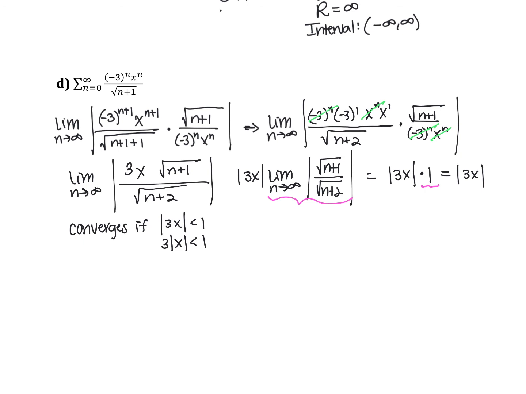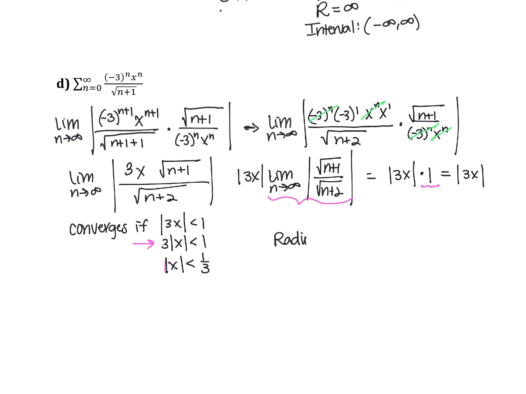When I set up my problem, I'm going to look at it this way. This is going to be important. Here's why. When I get my absolute value by itself is when I can determine my radius. As soon as I get the absolute value isolated, this becomes my radius.